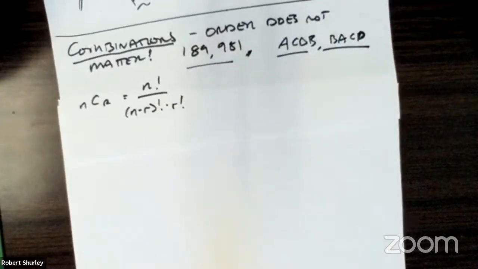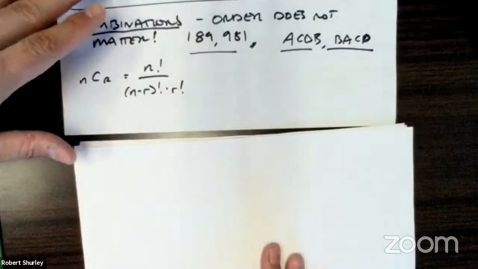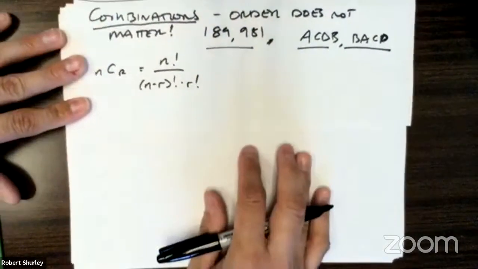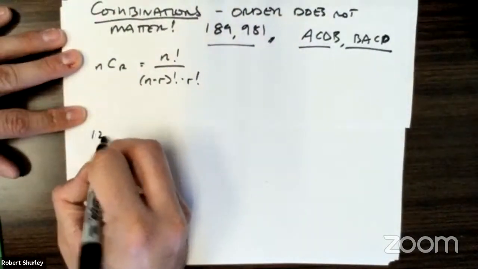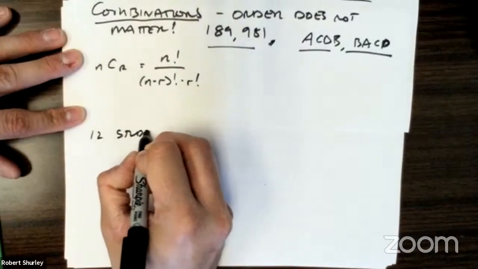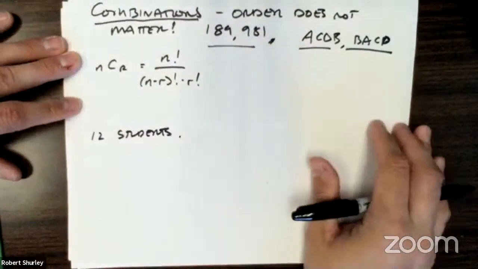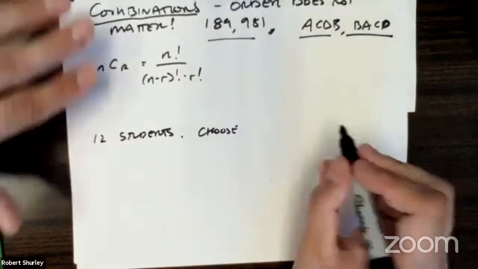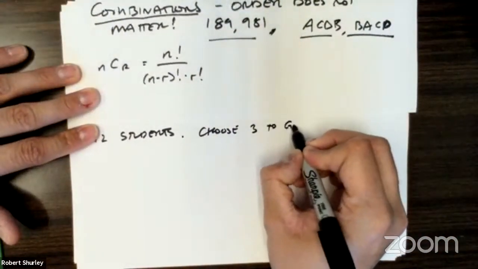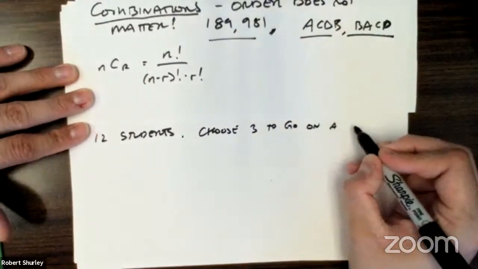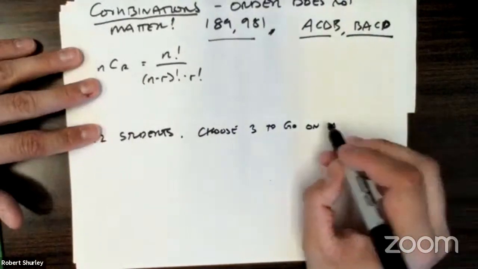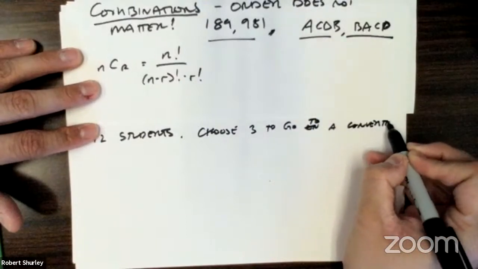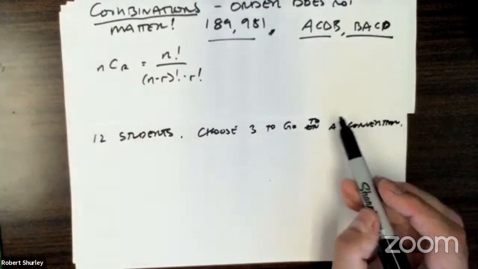Let's say you were a teacher and you have 12 students in your classroom, and you've got to choose 3 to go to some convention.